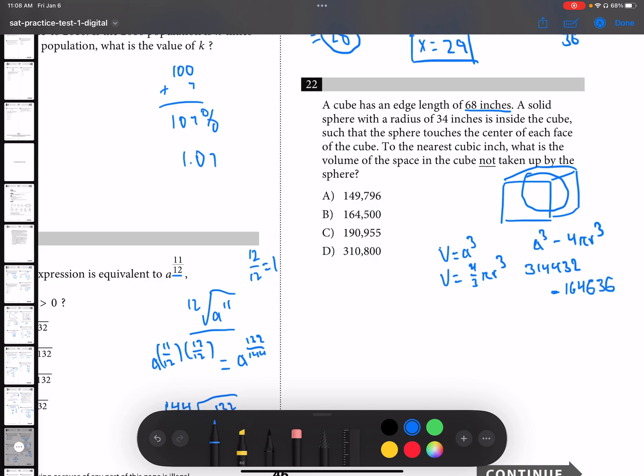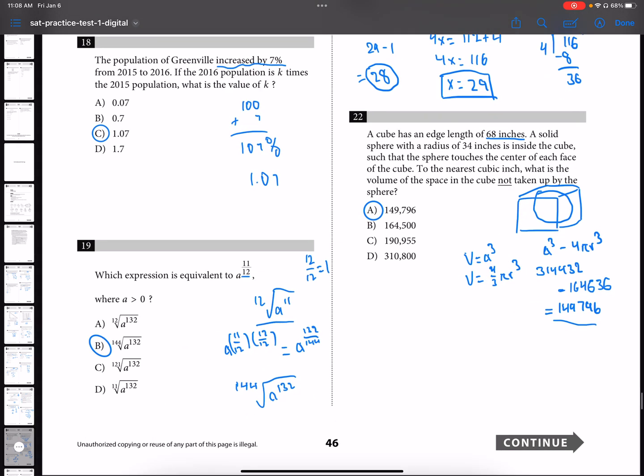You're going to get a decimal, but once you subtract it, we're going to get approximately 149,796. So you go with the closest answer, and that means A should be the answer. The answer will not be exact, it's about a decimal, but then we just go with whatever is the closest to it.